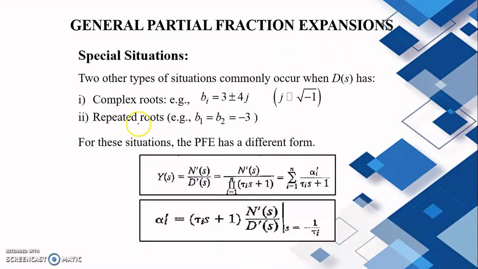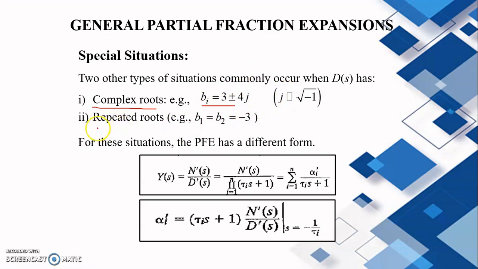But there are some special situations when the denominator sometimes cannot be factorized. Usually we will solve using complex roots. Still remember how to use these complex roots when you cannot factorize the denominator.